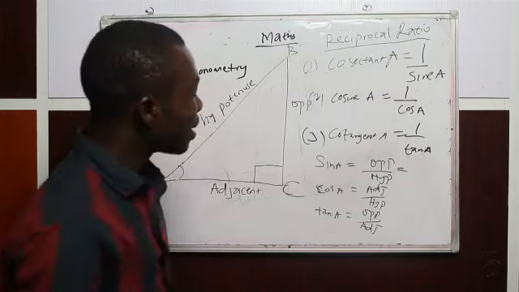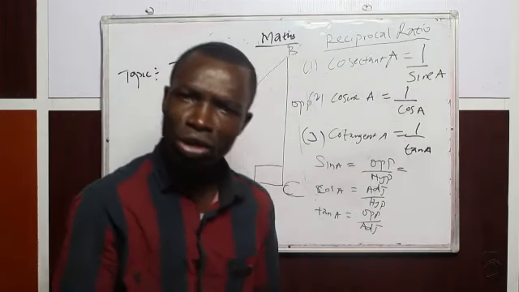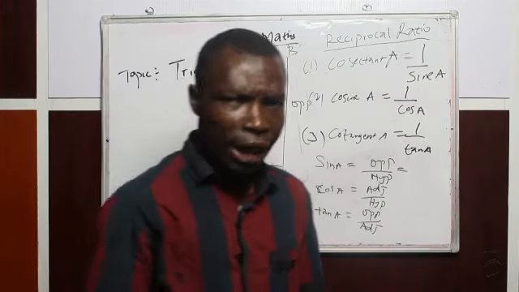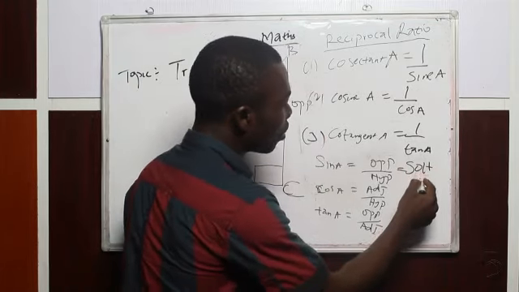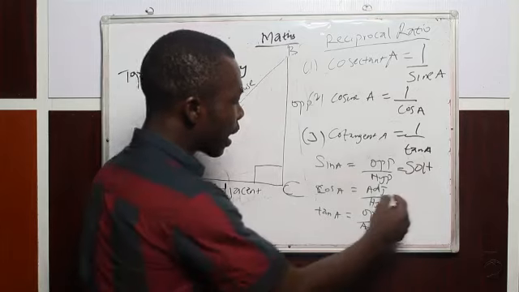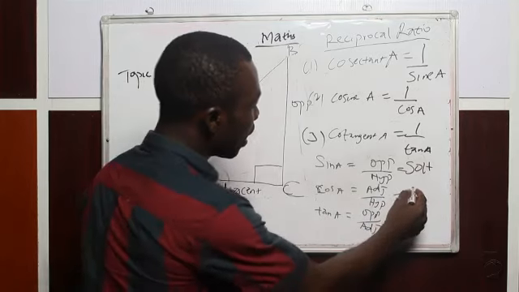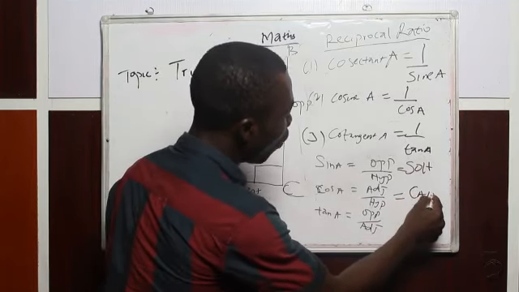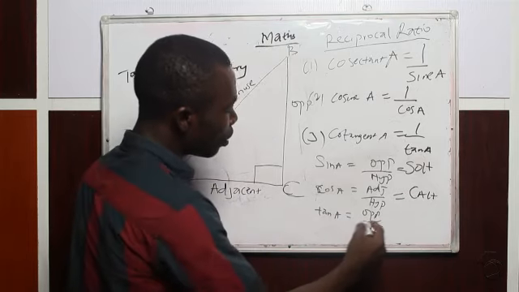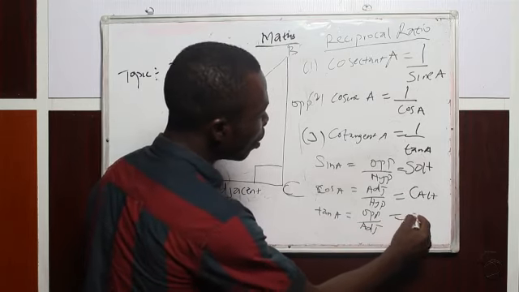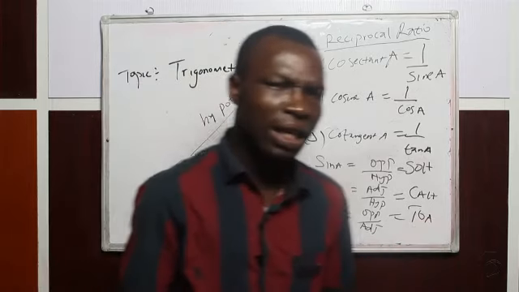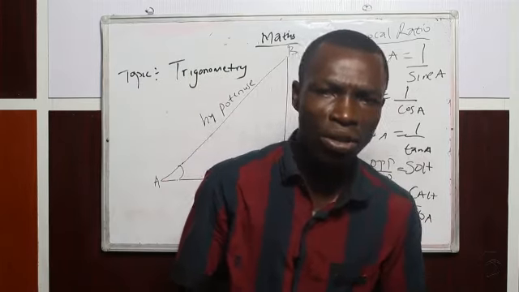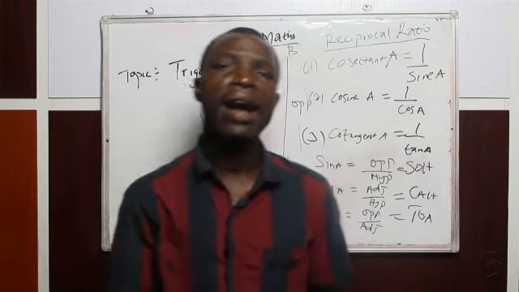The word sine A gives us what is called SOH. SOH means opposite over hypotenuse. CAH means adjacent over hypotenuse, while TOA means opposite over adjacent. This gives us an acronym called SOHCAHTOA.